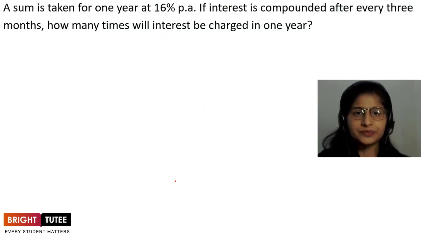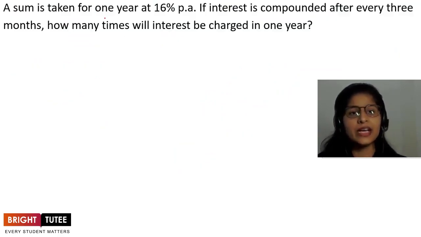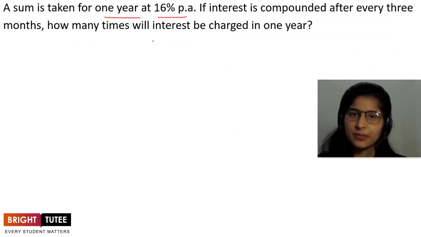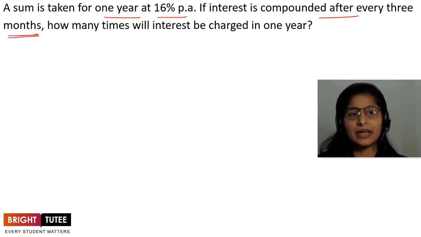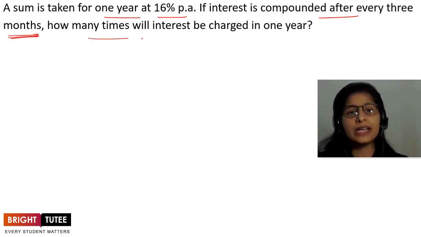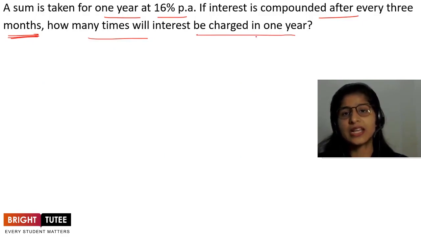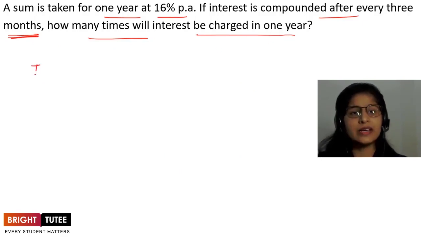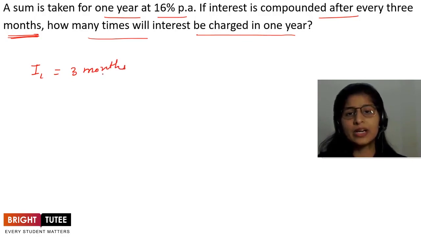So just see here. Here is one question. It is asking: a sum is taken for 1 year at 16% per annum, if interest is compounded after every 3 months, how many times will interest be charged in 1 year? First interest will be after 3 months, because it is compounded, it will change again. Second interest will be after 6 months.